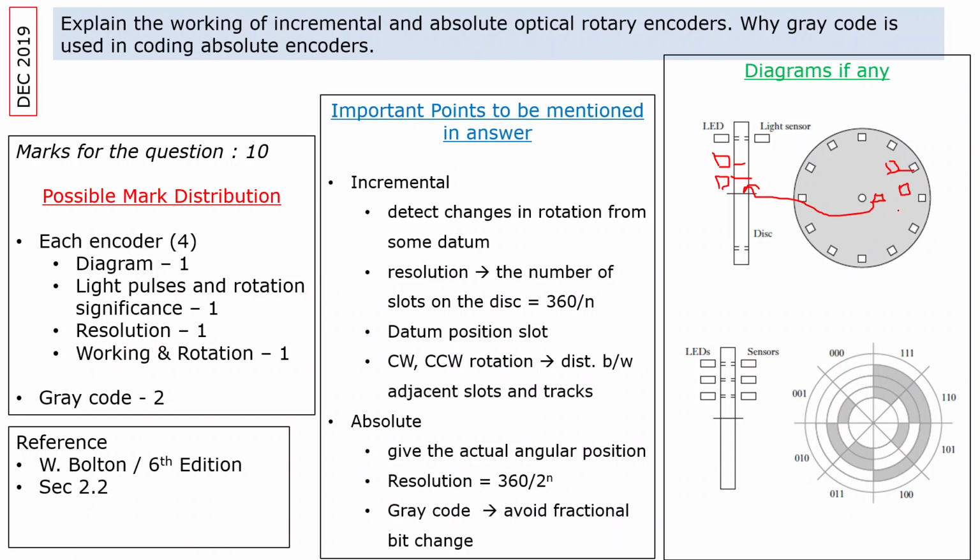Now take a condition that if pulses come, firstly you can take the rotation as clockwise. So the first pulse comes from this slot, the second pulse from this slot, the third from this slot, and the fourth from this slot. So you can understand that if the series is outer, middle, then this is clockwise. For counterclockwise, the first pulse will be from the middle slot, then outer slot, middle slot, outer slot.